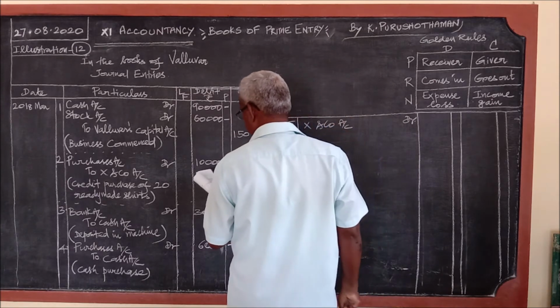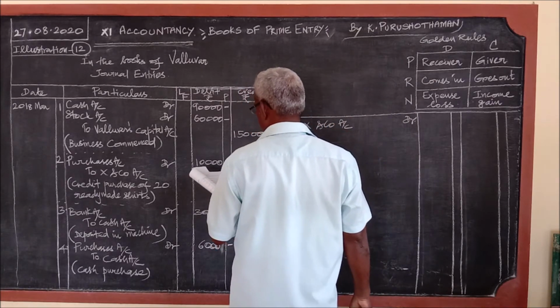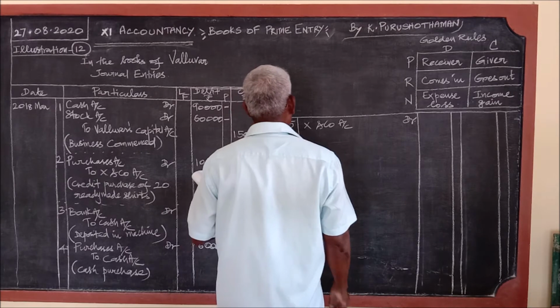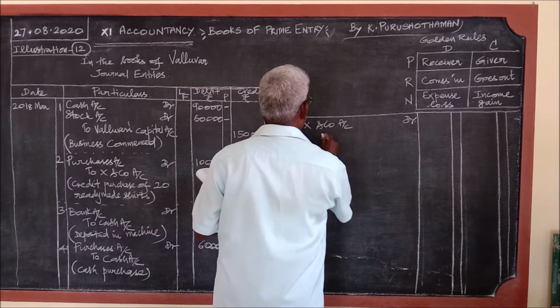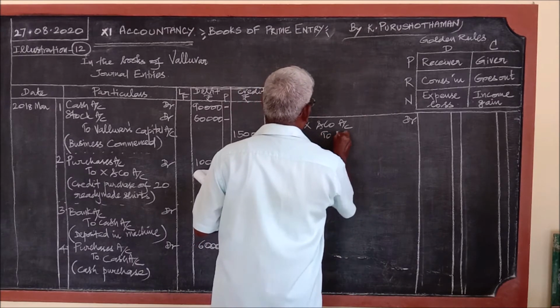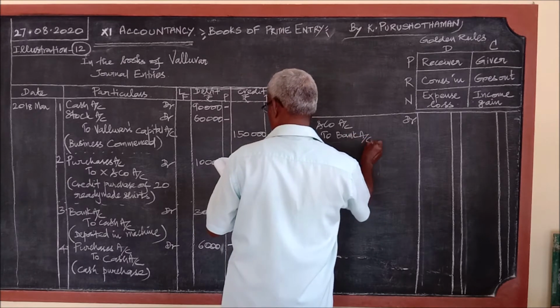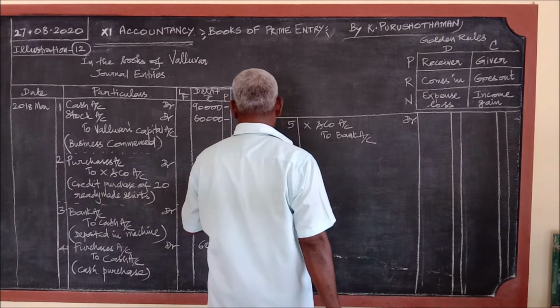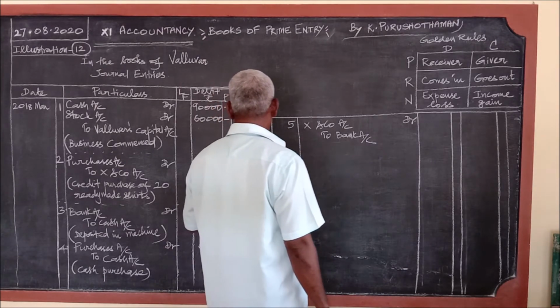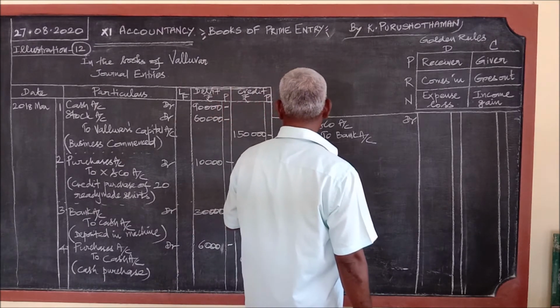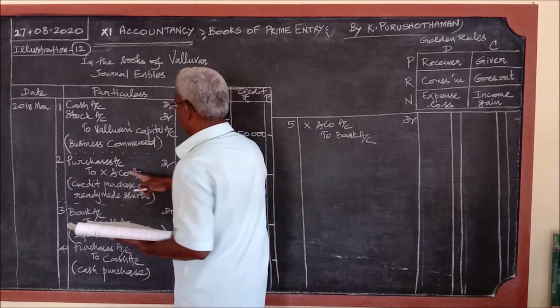Right. Through NEFT, if it is bank mode, who is the giver there? Bank is the giver. So, to bank account. For X and Co, how much should have been paid? 10,000, already on second it is.